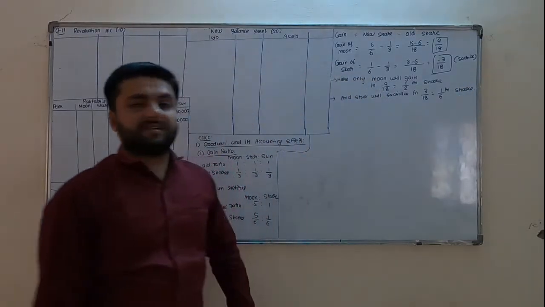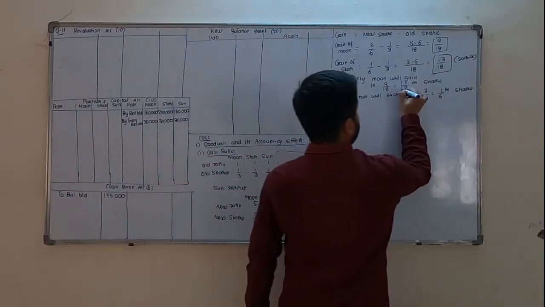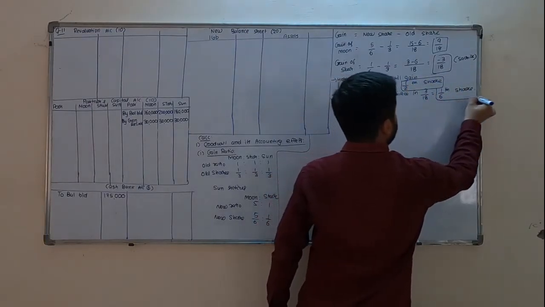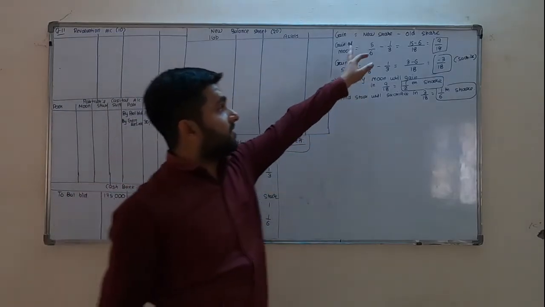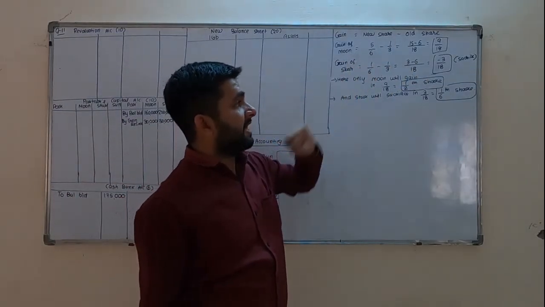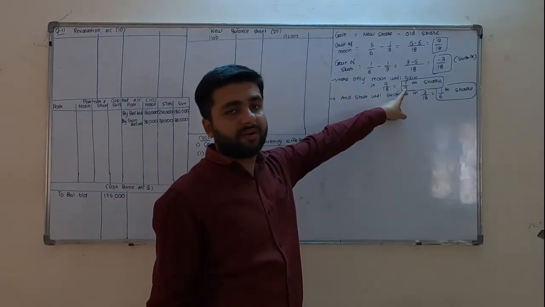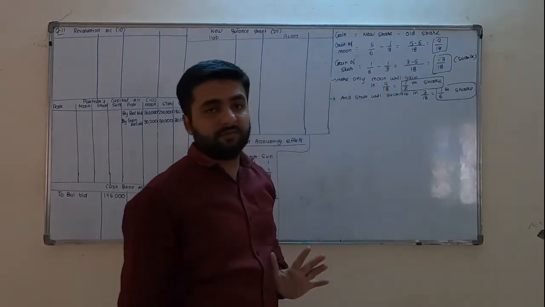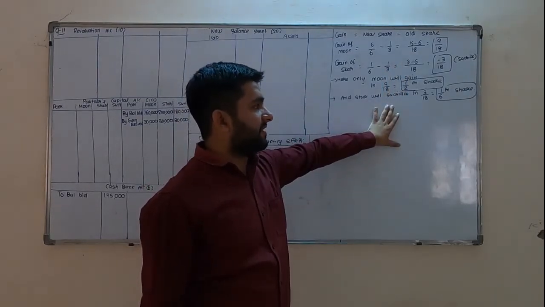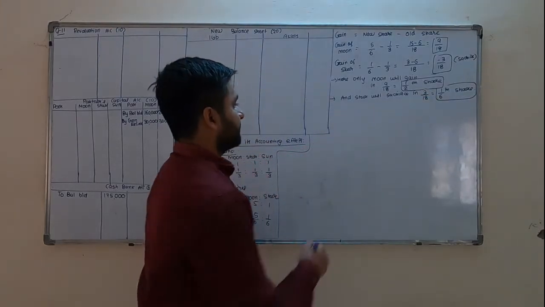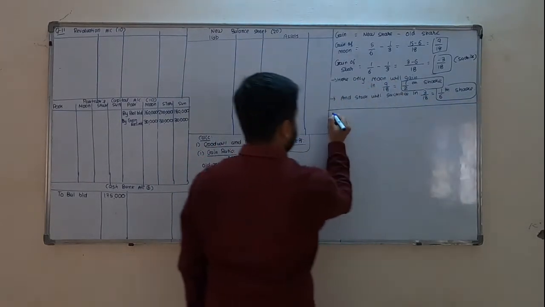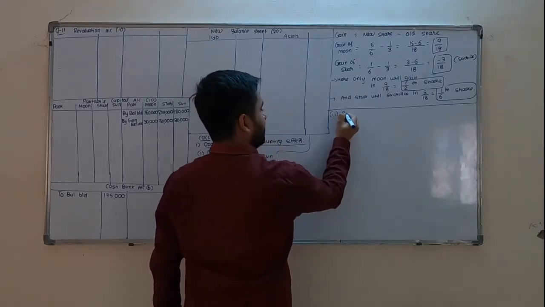This information is necessary to be given. It is very necessary to be given that Moon is gaining in 9/18, so 9/18 we have to cut to 1/2 share. Star will sacrifice in 3/18, that is 1/6 share, and after that only we can calculate the second thing.